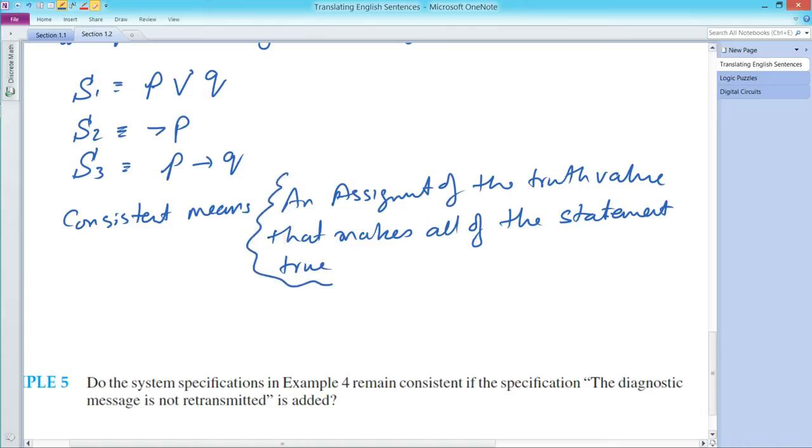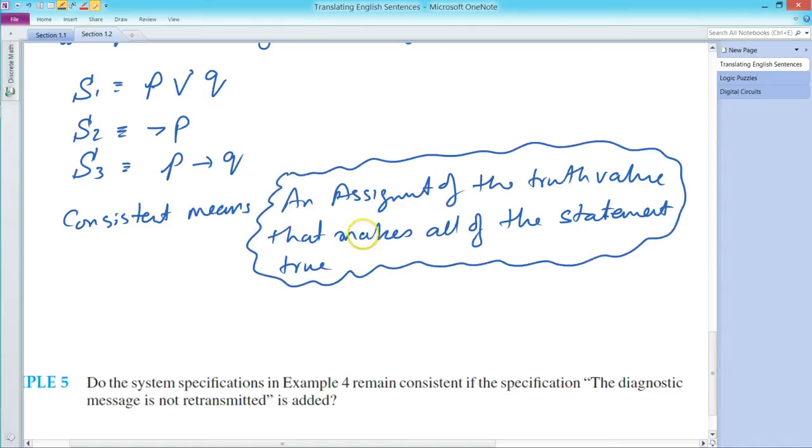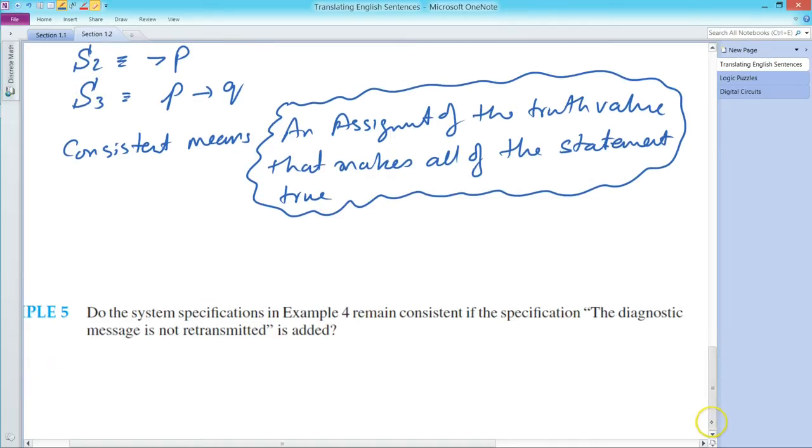So here's what we mean by consistency. Let's see whether we can find truth values for P and Q such that S1, S2, and S3 are all true.